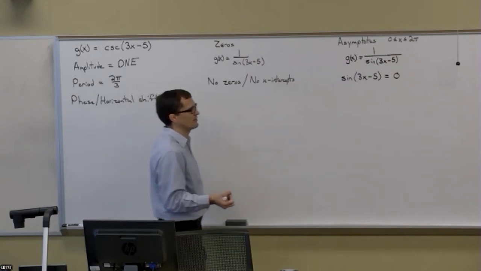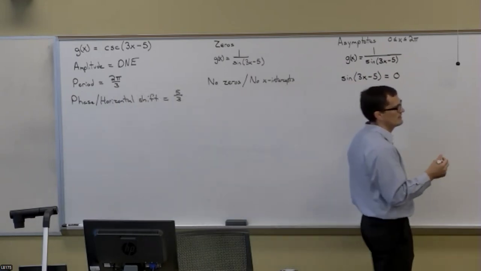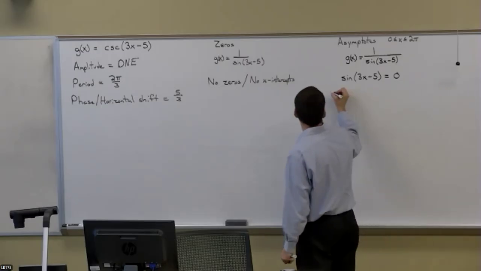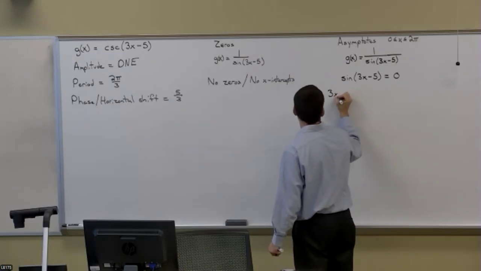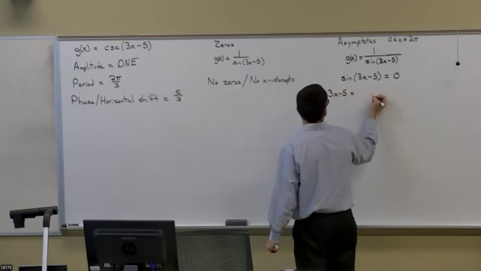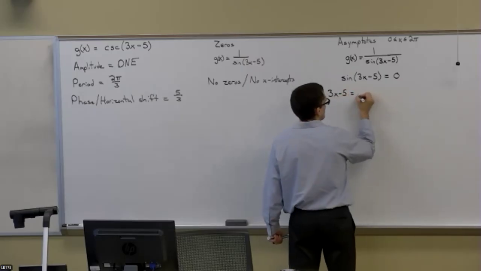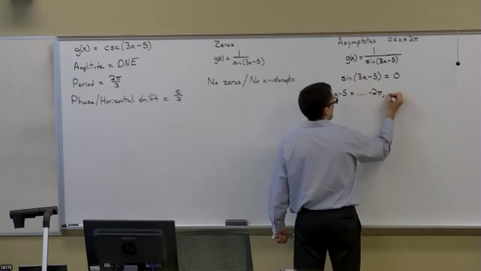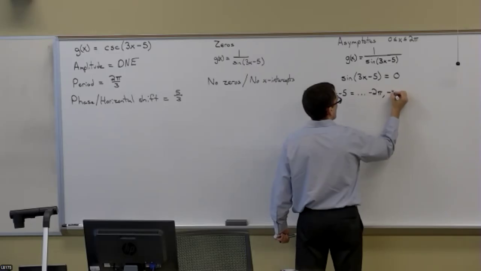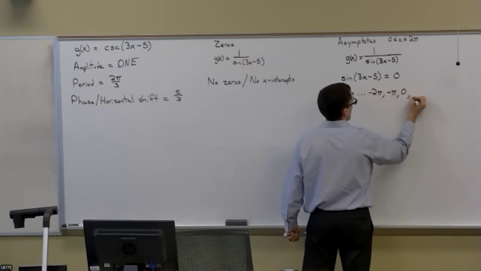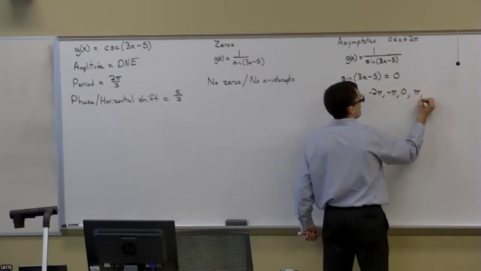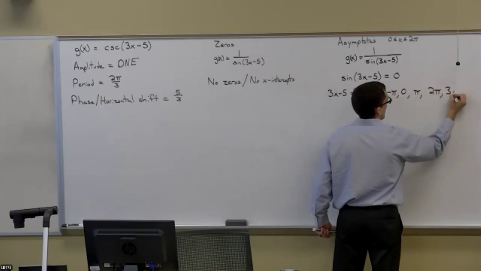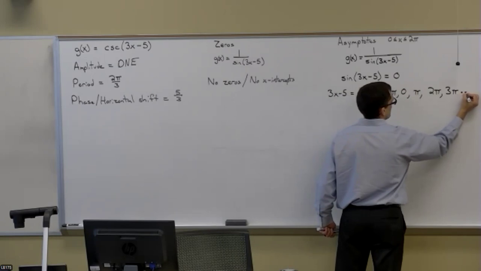Sine is equal to 0 when we have integer times pi. So that means my angle could have been something like -2 pi, -1 pi, 0, +1 pi, +2 pi, 3 pi, etc., etc.